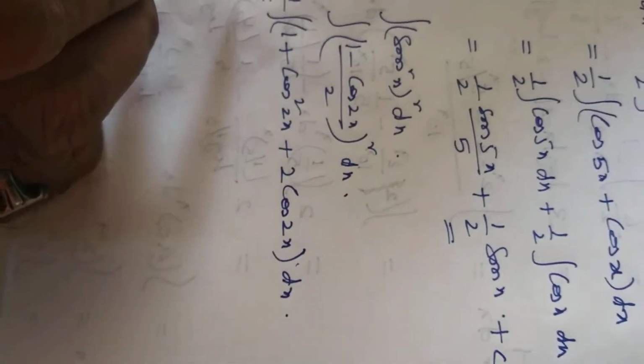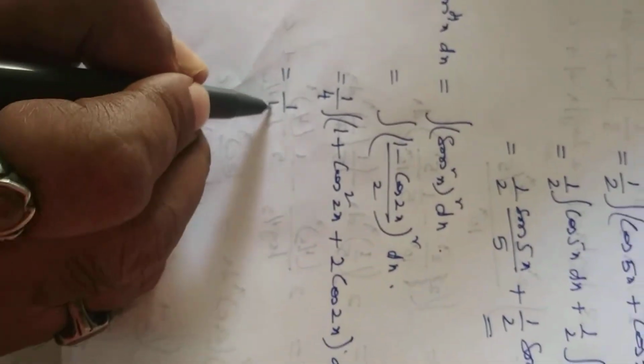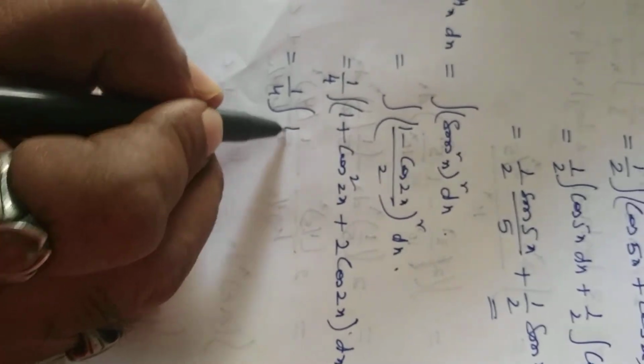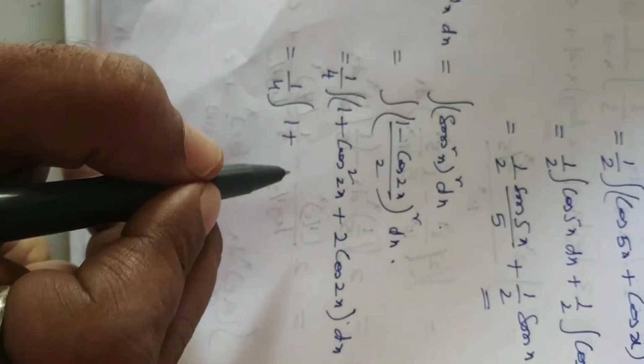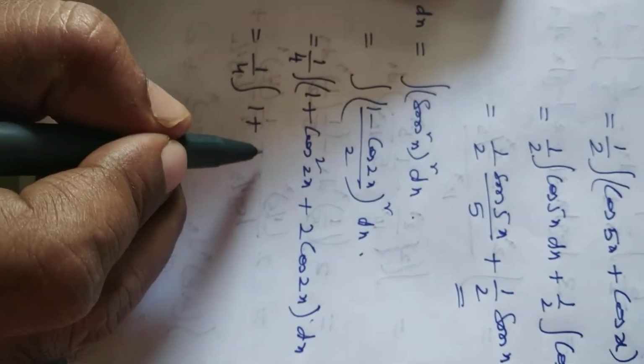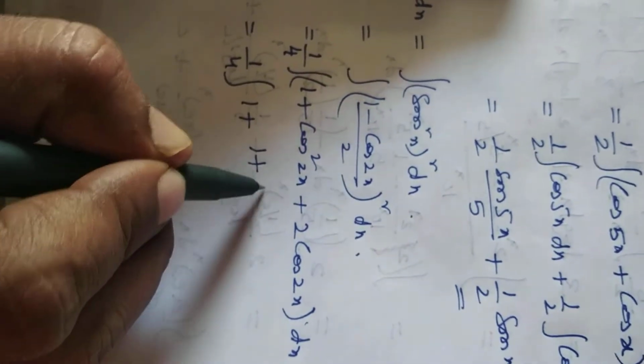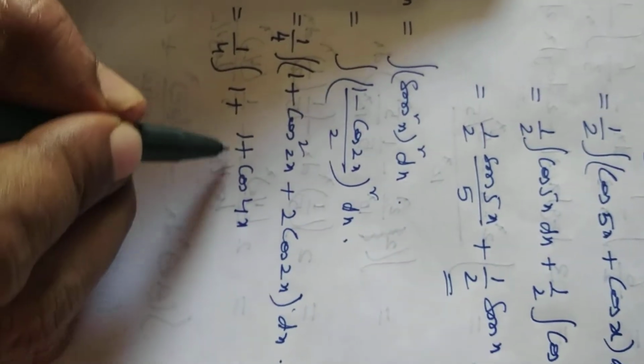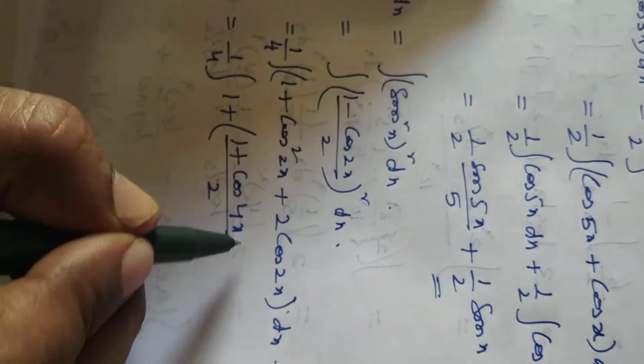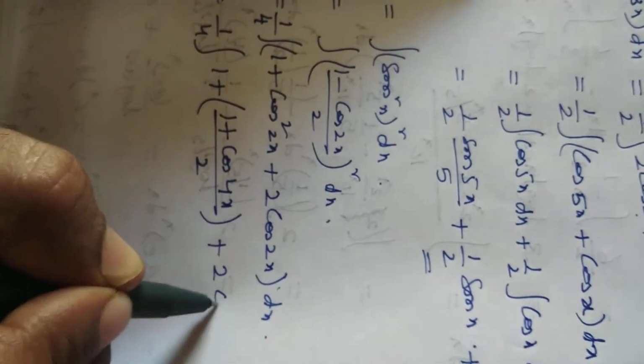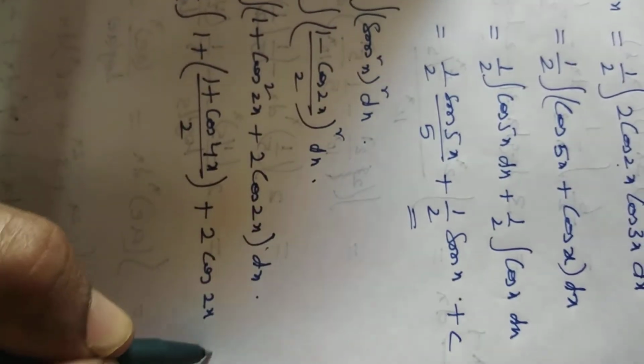Again further we have to simplify this. 1 by 4 of integration of 1 plus cos square 2x. Cos square 2x is 1 plus cos 4x by 2, minus 2 cos 2x dx.